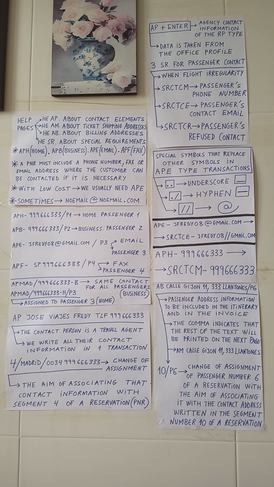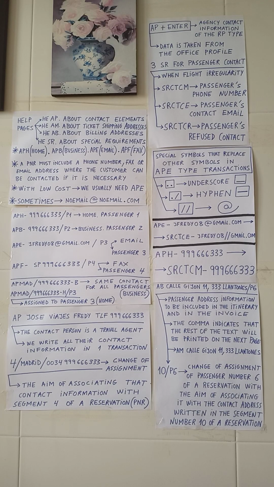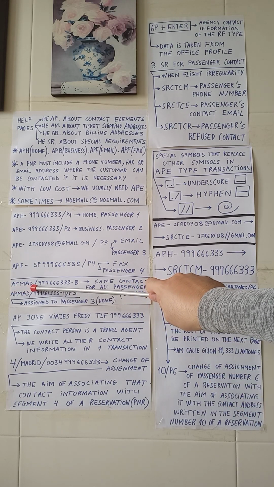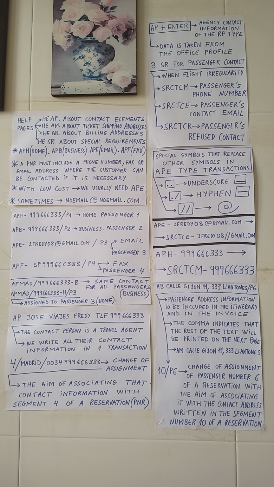Now I am going to explain two different transactions. APMAD/999666333-B allows entering the same work contact phone number for all passengers in a reservation, simultaneously indicating with the letters MAD that the location is the Spanish city of Madrid.